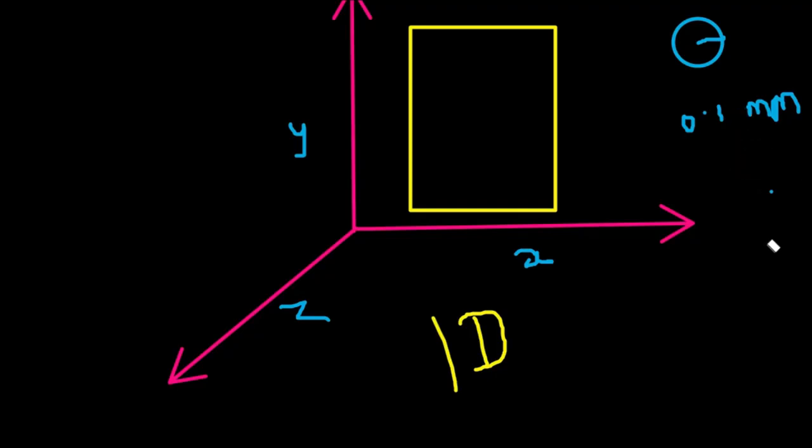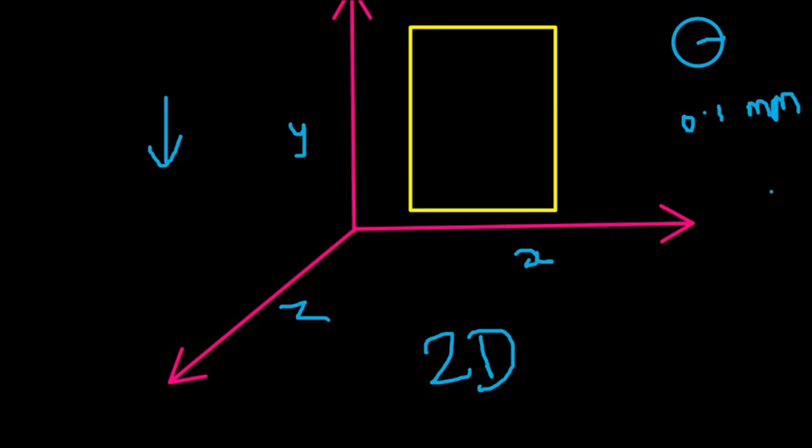While comparing to the other two dimensions, one dimension is too small. That is why it's called 2D analysis. I can solve this problem in a 2D system, right?